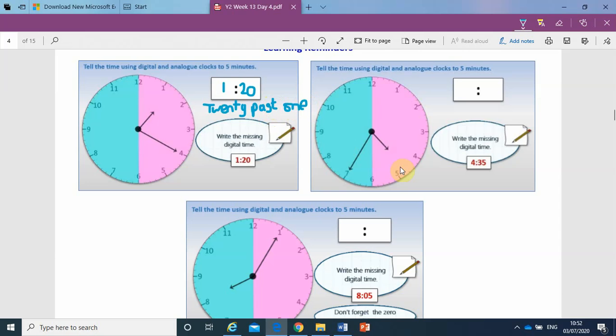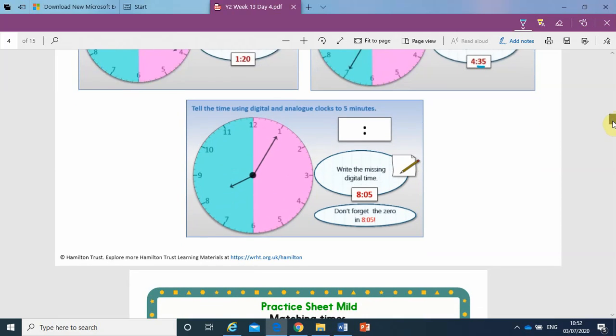Okay, you can do the same on here. I mean, they're giving you the time here. I'm not so sure why, but I would write it digitally and I'd write the time as well. Okay, so we can have a go at that one.